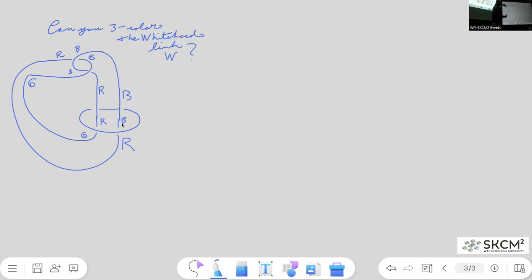So it all feeds back together like that, but red and green make blue. And red and blue make green. And blue is not equal to green. And that implies that W is not three colorable.